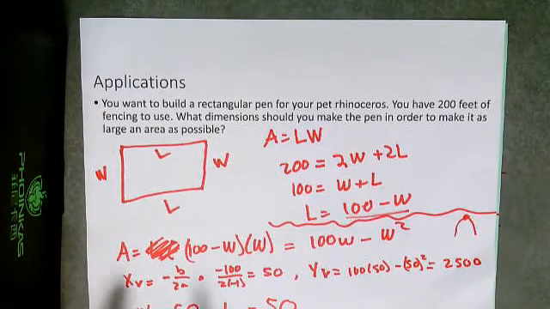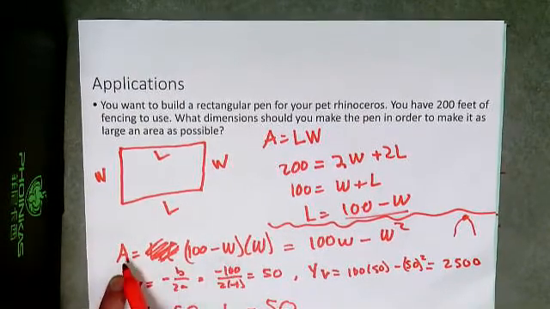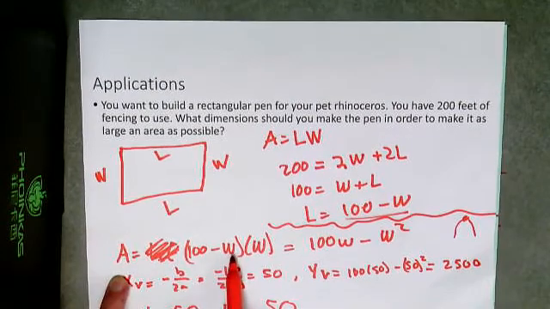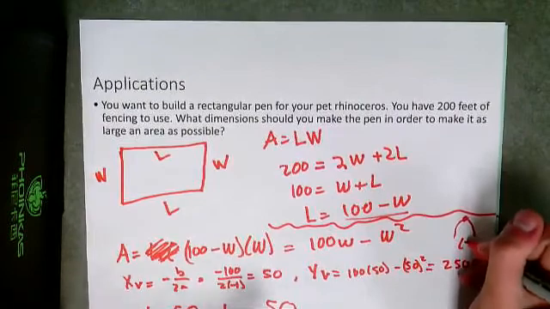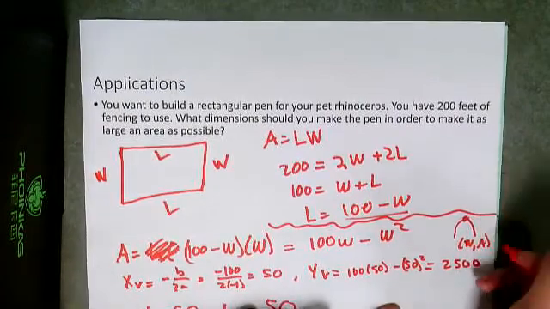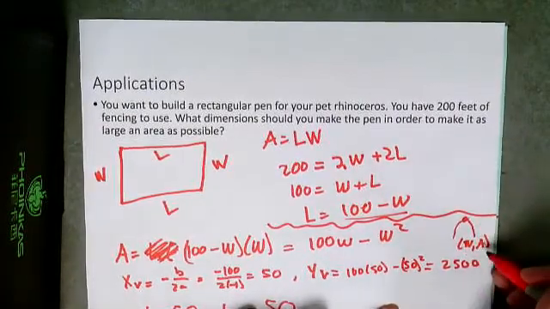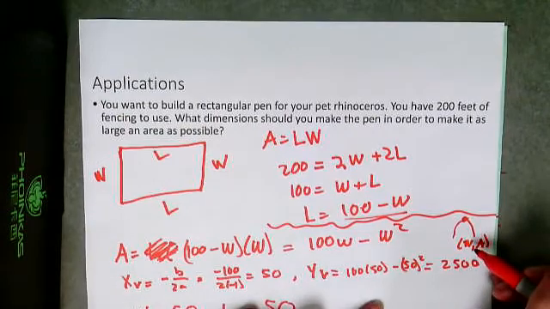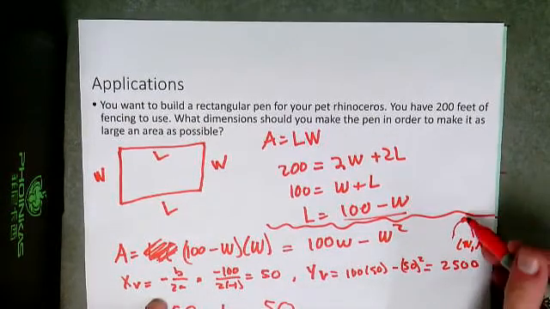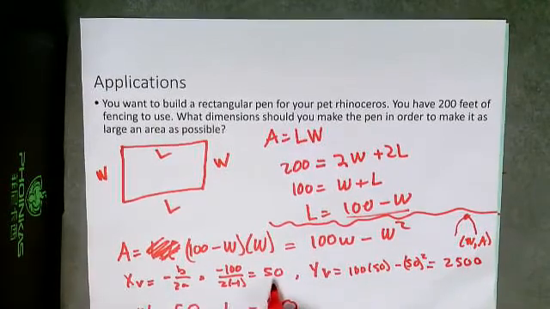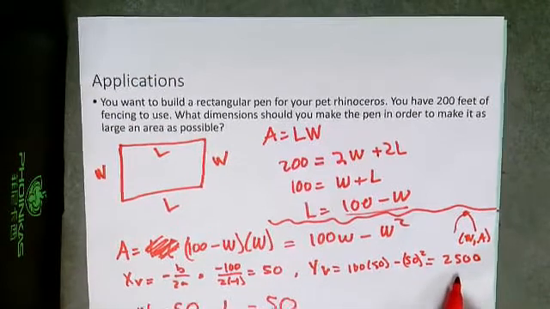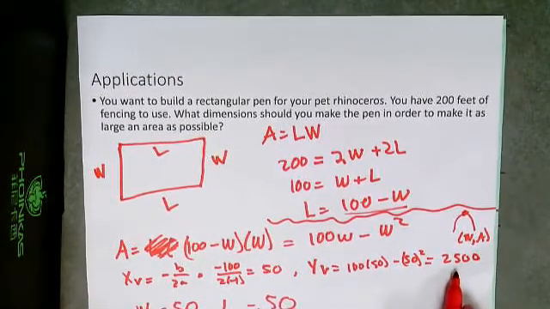So remember, this function is w comma a, so these are going to give you points, width comma area for this parabola, and so you're maximizing the area. By finding the vertex, xv is equal to 50, i.e. you want to use 50 for your width, and that'll give you a max area of 2,500.